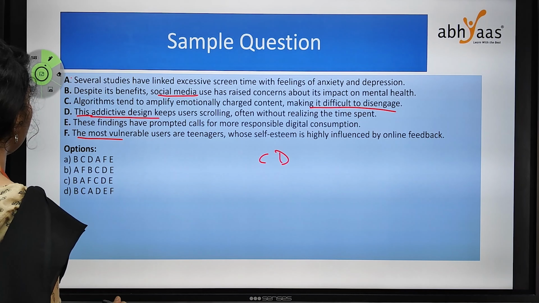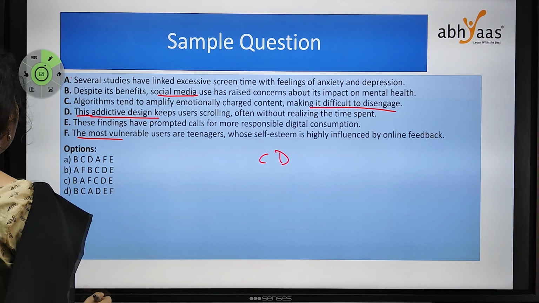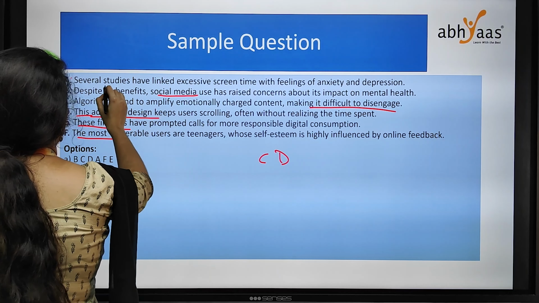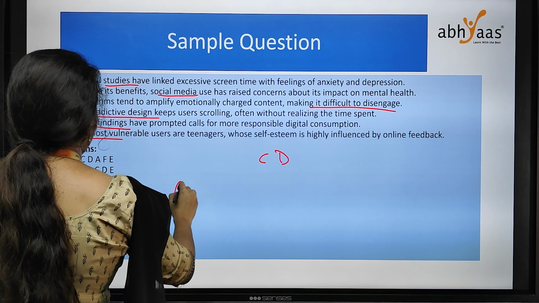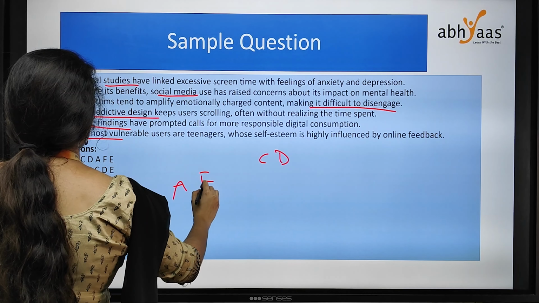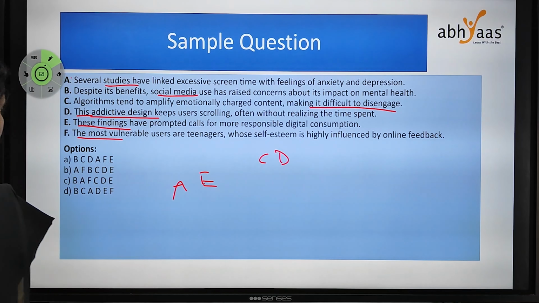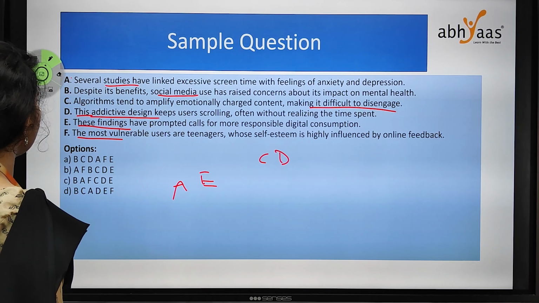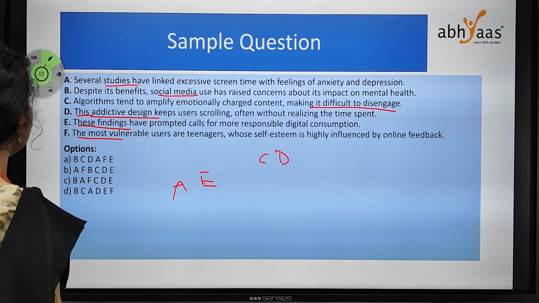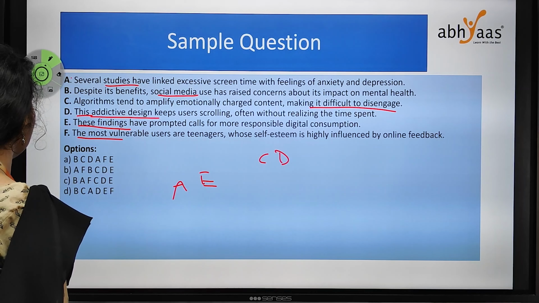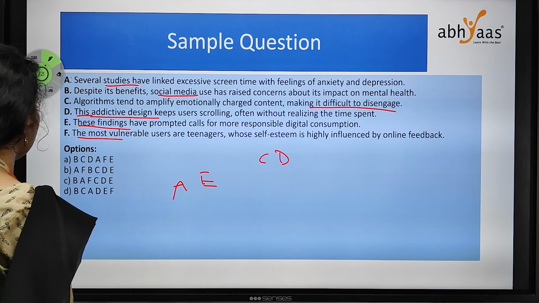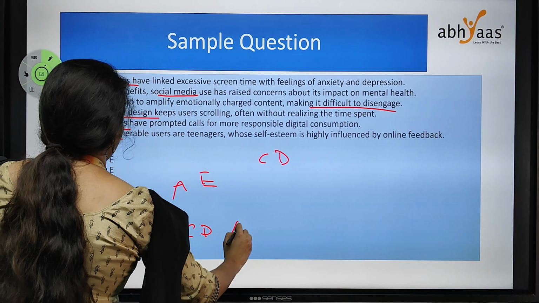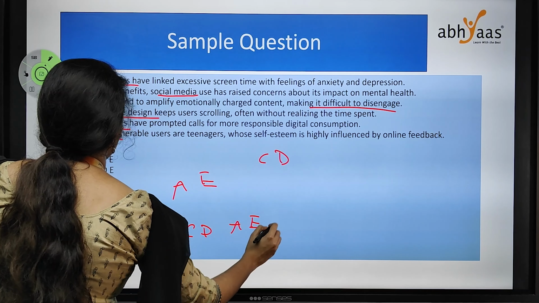The most vulnerable users. We have findings and we have studies, so obviously E builds on A. It means highly influenced by online. After C and D, we should get A and E, right?